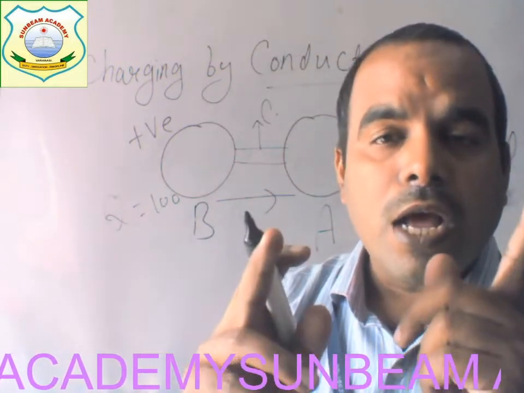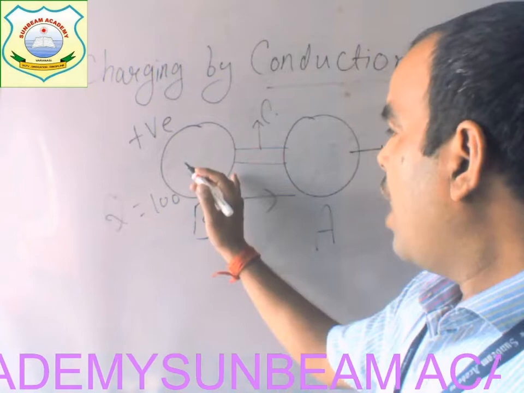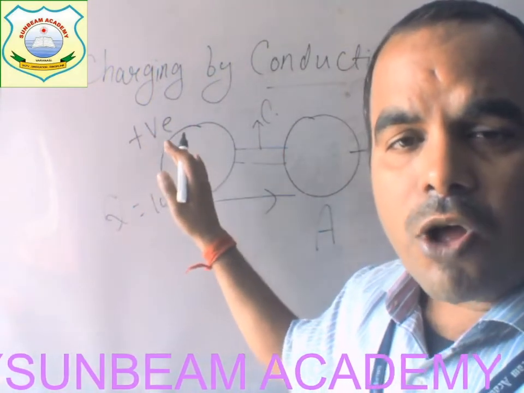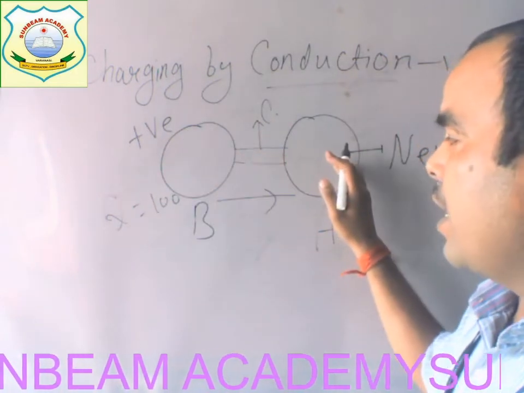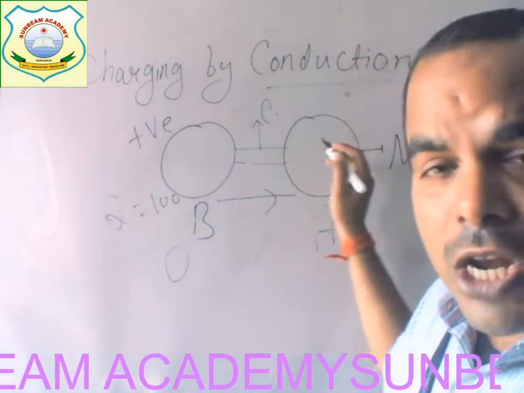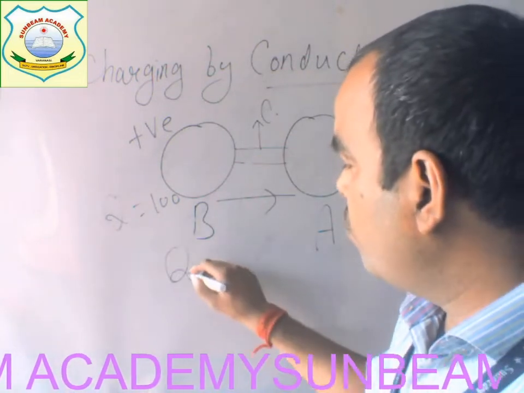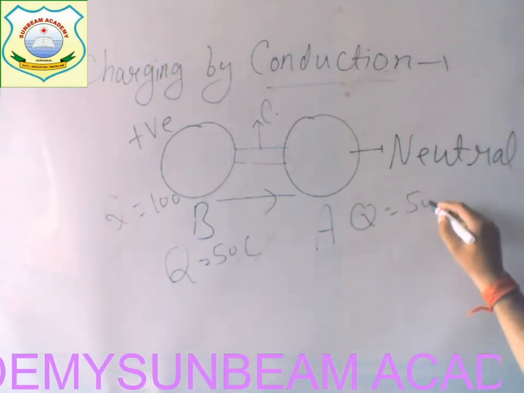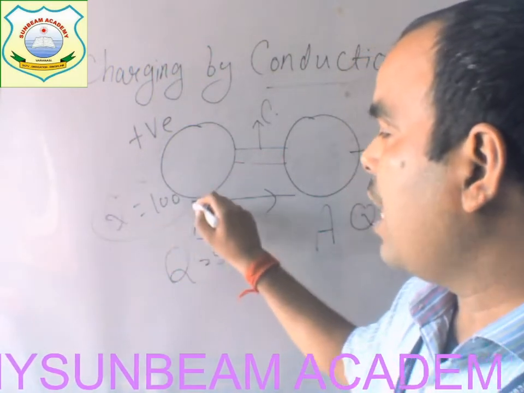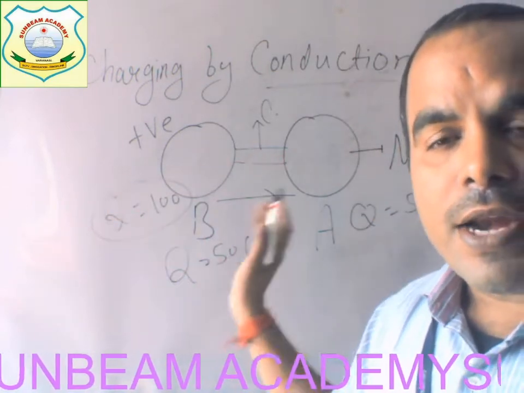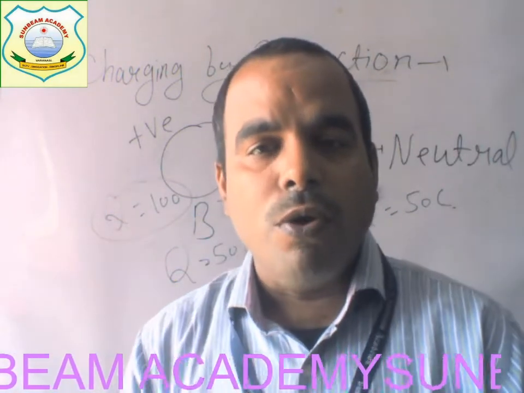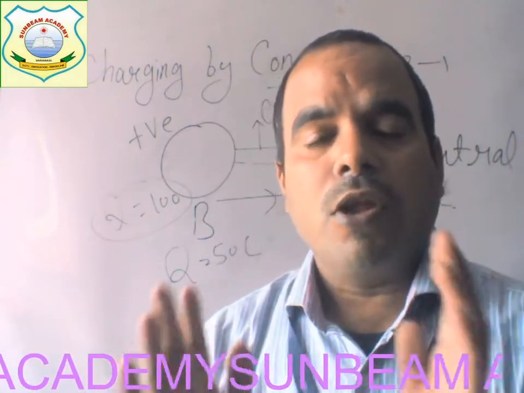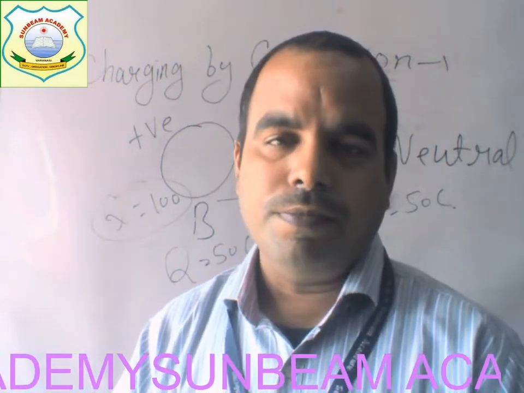Till they come to equilibrium. The flow will stop when Q is 50 coulomb here and Q is 50 coulomb here. The total charge is 100, and when it is divided into equal parts, we call it equilibrium. When they come to equilibrium, the flow of charges will stop.